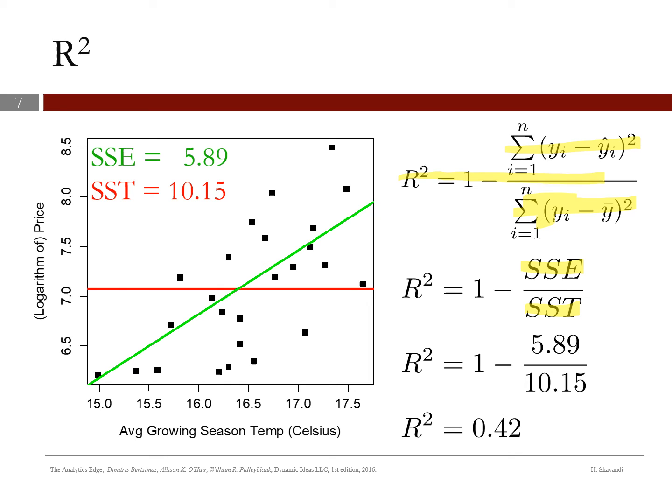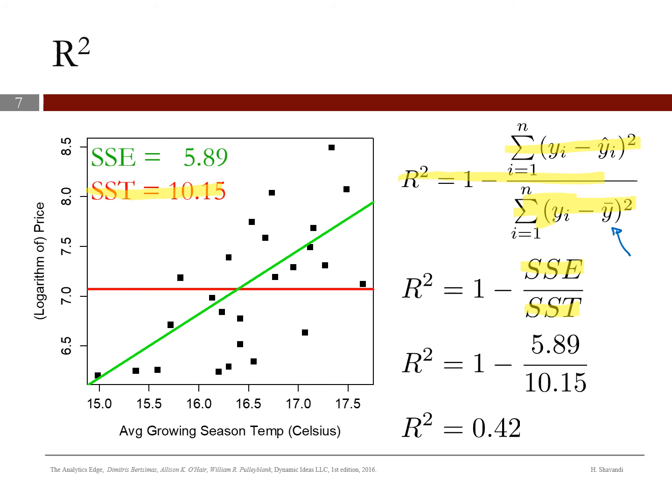SST is for the baseline model. As you see here, for the baseline model, we assume y bar. So y bar, the average over y, is our prediction, the same value for all observations.